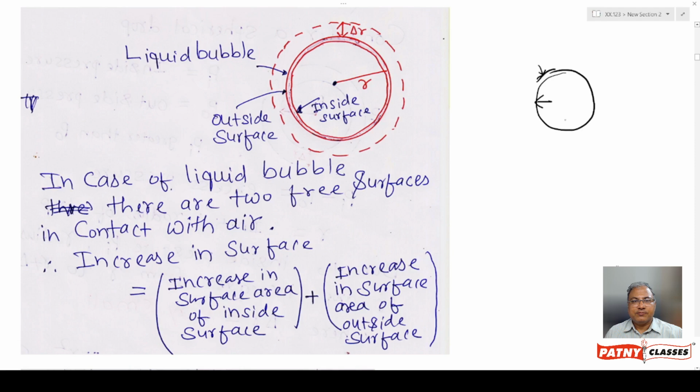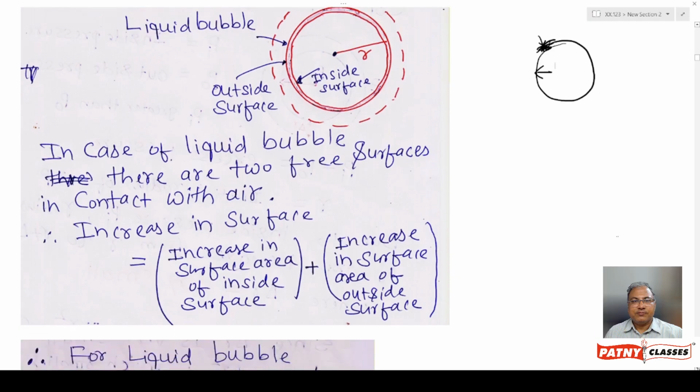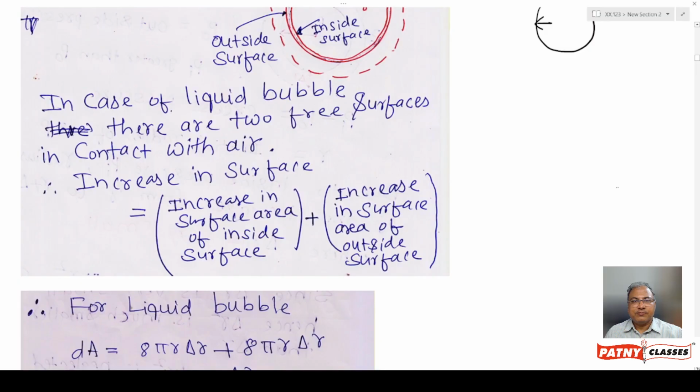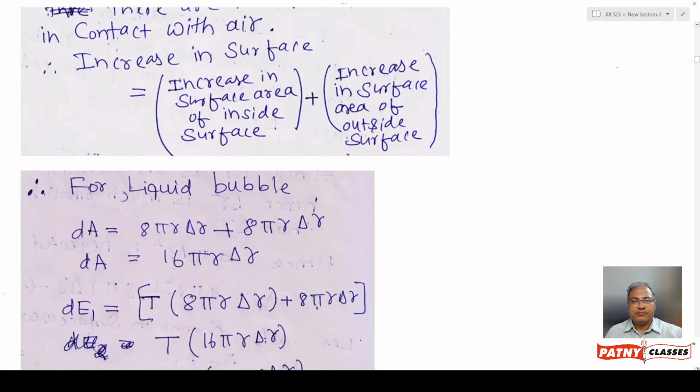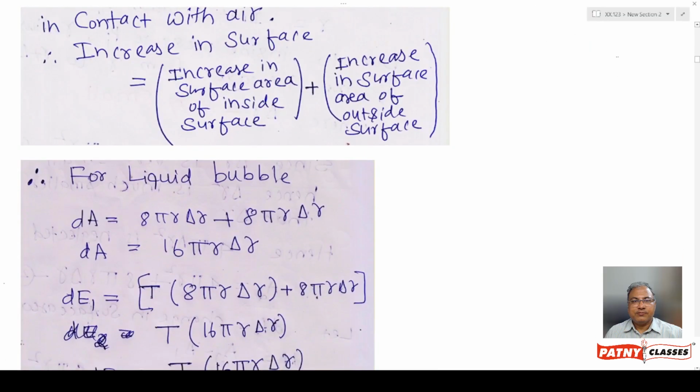This is the thickness of it. So we have to consider the increase in the inside surface area as well as the outside surface area. So the total increase in the area dA equals 8 pi r delta r plus 8 pi r delta r, that is equal to 16 pi r delta r. This is the increase in the surface area of the liquid bubble.